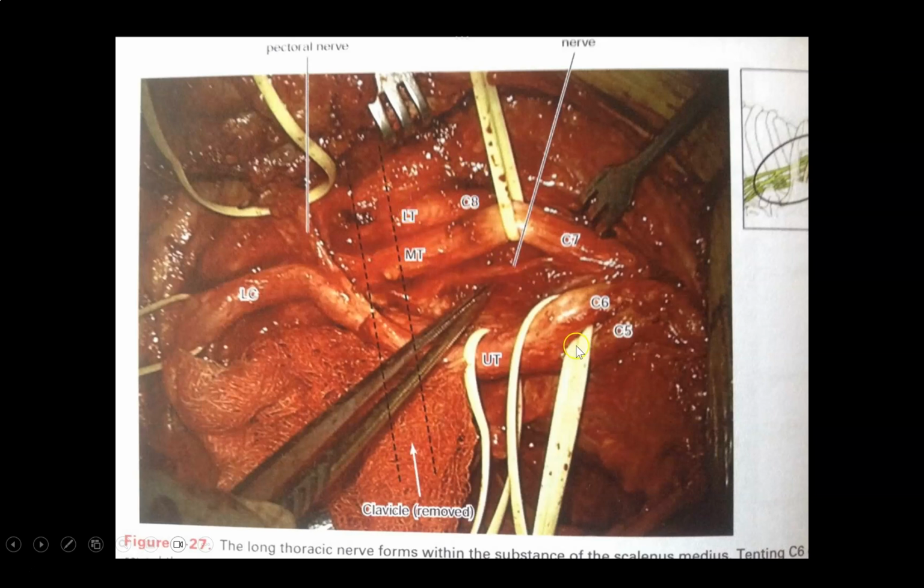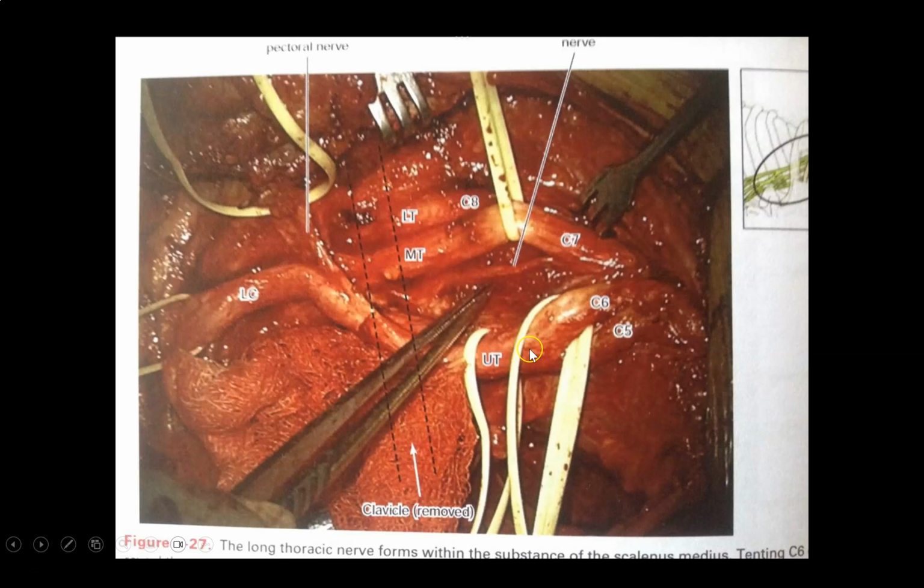Another important thing is that the upper trunk is the most superficial, middle trunk is deeper, and lower trunk is the deepest, like stairs, you go from superficial to deep.